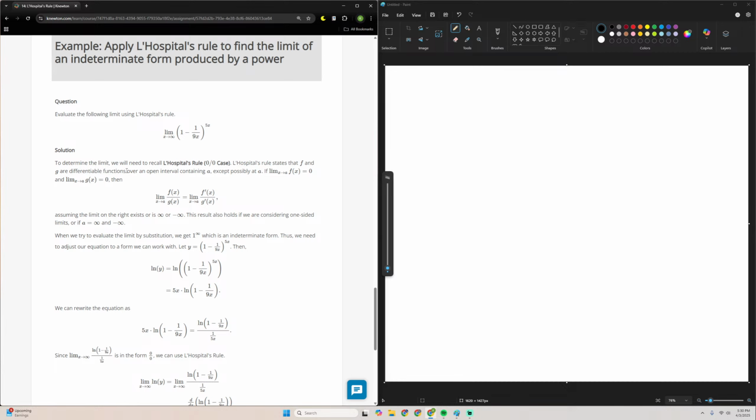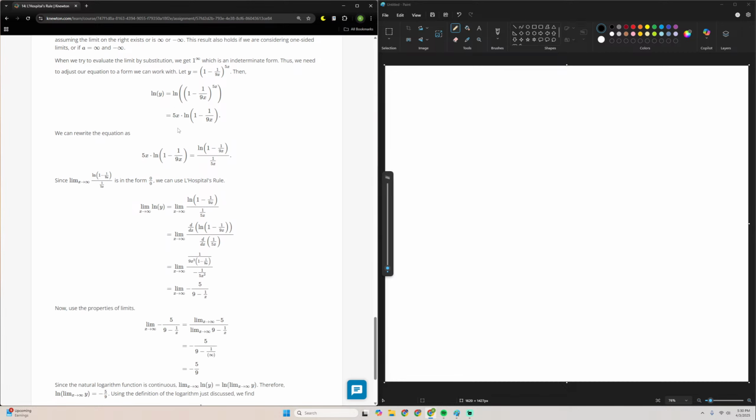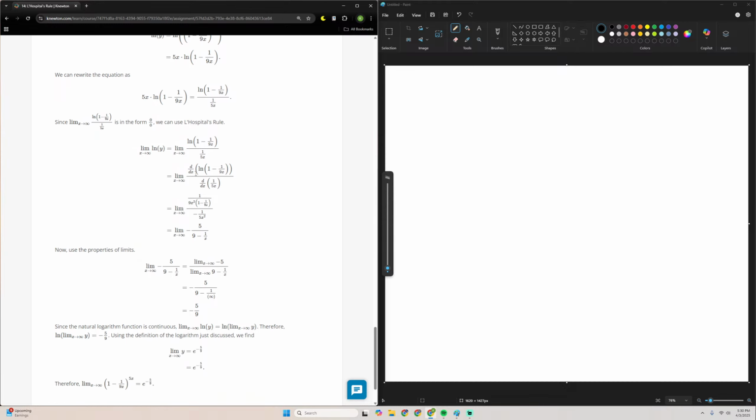We do the same thing here, except it's much longer. 5x goes down, natural log of the whole thing. Natural log 1 over 5x, because this is a bigger number instead of the fractions that we've seen. And then 1 over 9.